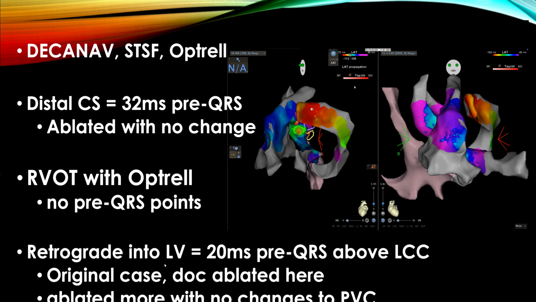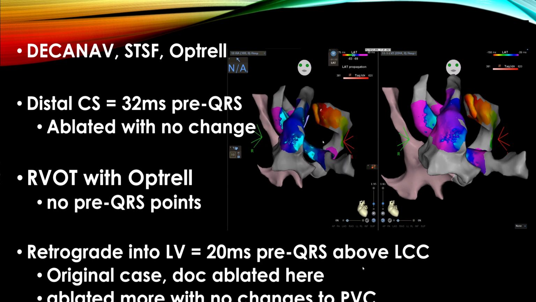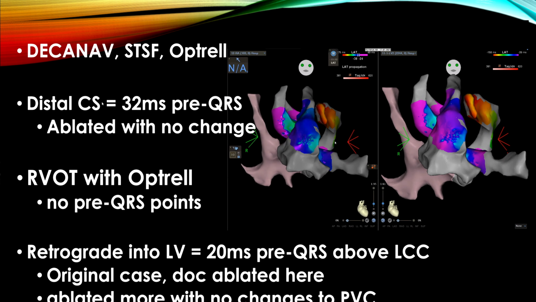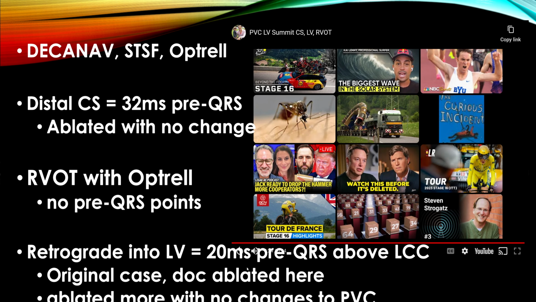The last place we checked before going back to the CS was a retrograde approach into the LV, where we did have some pre-QRS activation, 20 milliseconds, not quite as good as our distal CS, which could also be described as the GCV, I guess. So the original case also ablated there. We ablated more with no changes to the PVC.